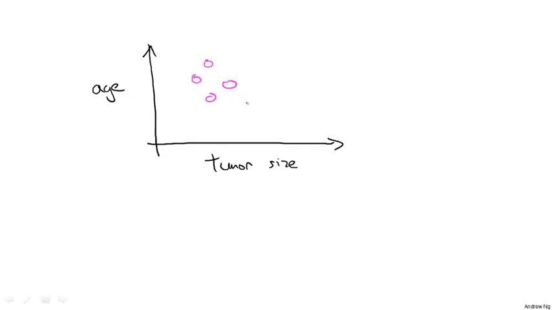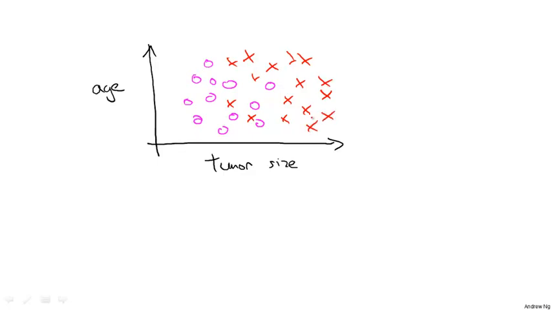But in this somewhat simplified data set, maybe you have a data set that looks like this, where all the O's I'm using to denote benign tumors, and all the crosses I'm using to denote malignant tumors, like so. And this would be an example of a supervised learning problem where you have 2 features, tumor size and age, rather than just one feature or one input attribute, the tumor size.